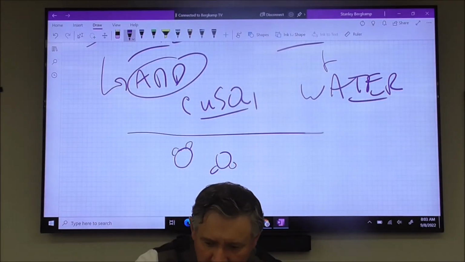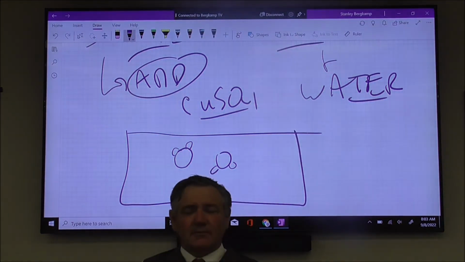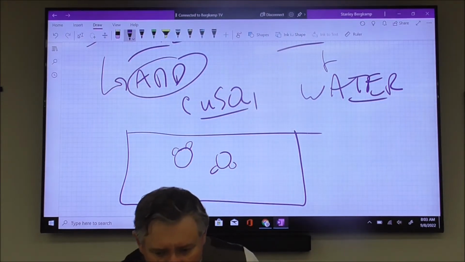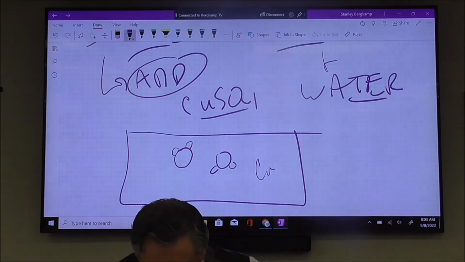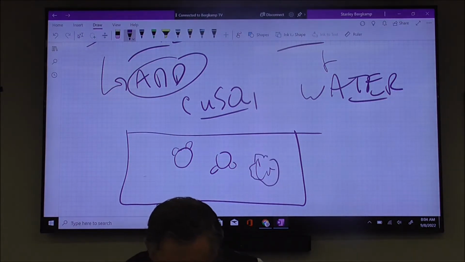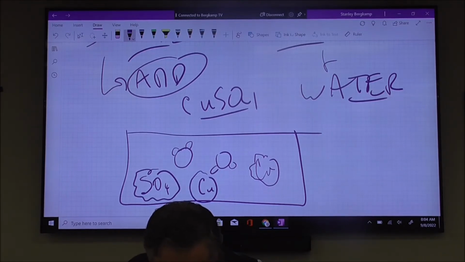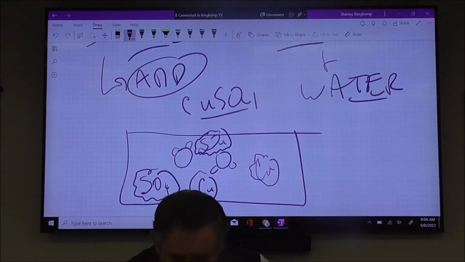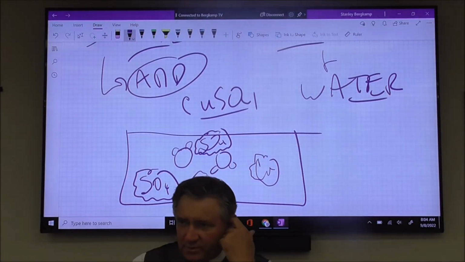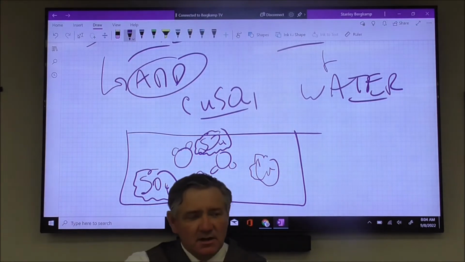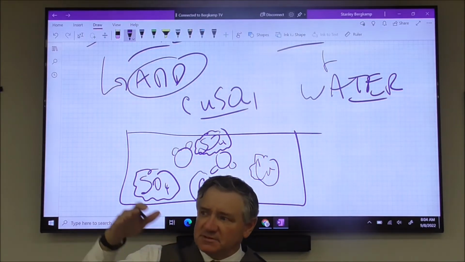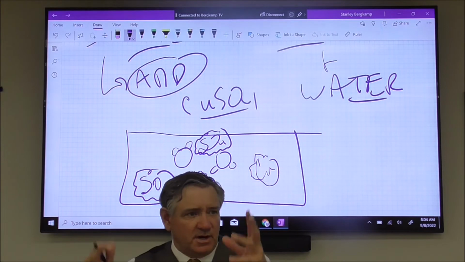Now here's what's going to be important: this stuff breaks apart into coppers and sulfates. So if I were to ask you to draw a particle view of what took place, you'd have coppers, and you'd have sulfates, and you'd have water.